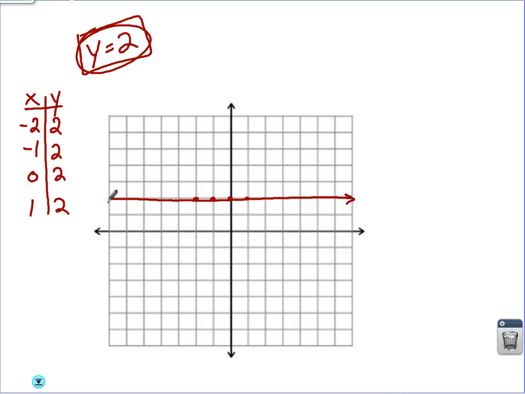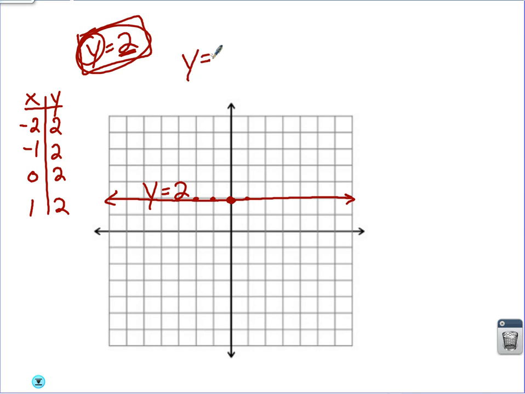Anytime we have equations of this form, y equals a number, y equals 3, 4, 5, whatever, we will always have a horizontal line. You can think of it like this: that horizontal line will always cross your y-axis at that number. So this is actually your y-intercept. And here's another way of thinking about it.